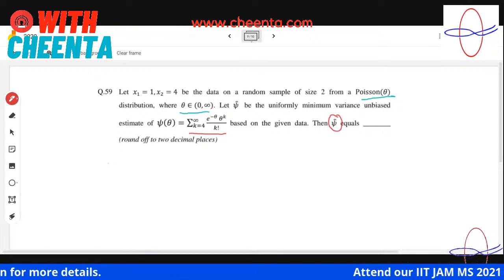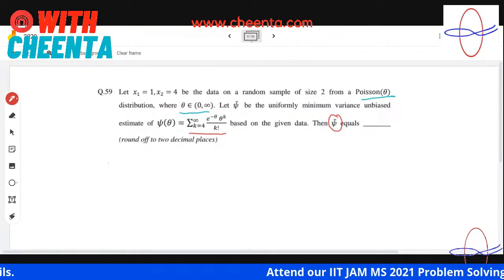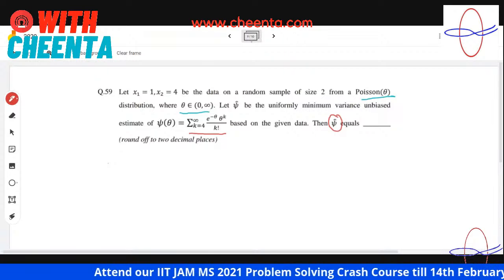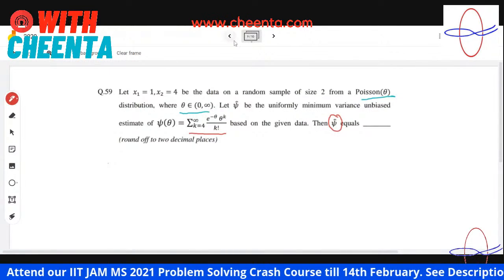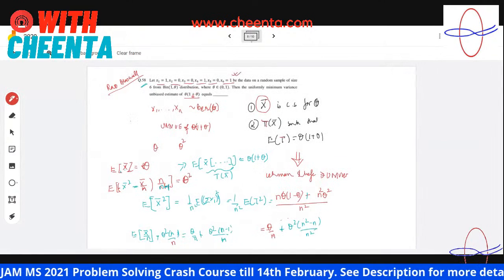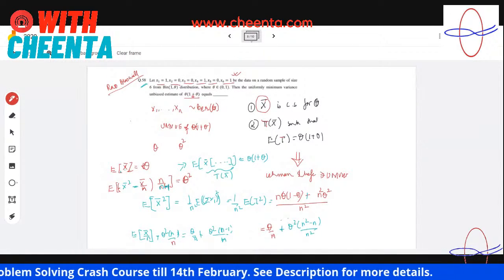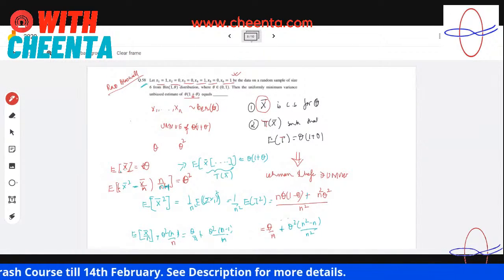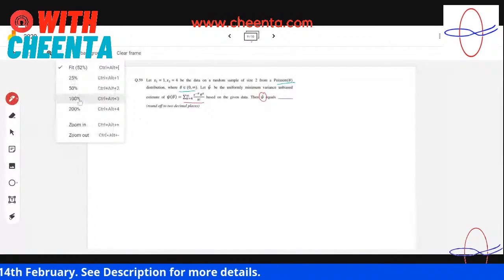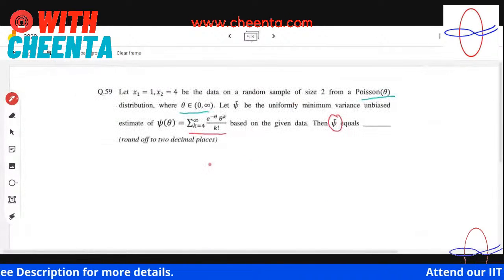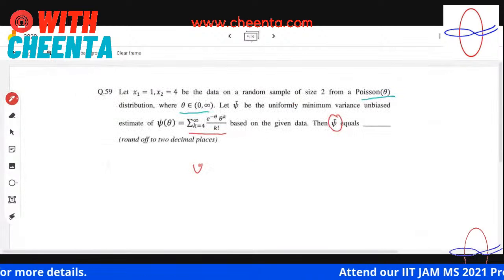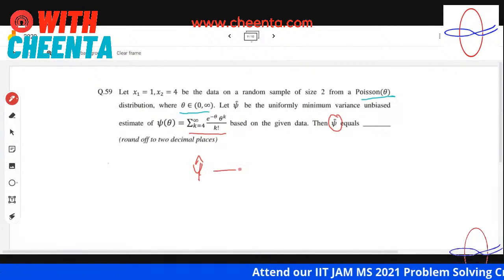It's a UMVUE. Remember the other thing also? If you want to find g of theta, we want to find an x bar. So essentially we are trying to find psi hat, which is a UMVUE of psi theta.